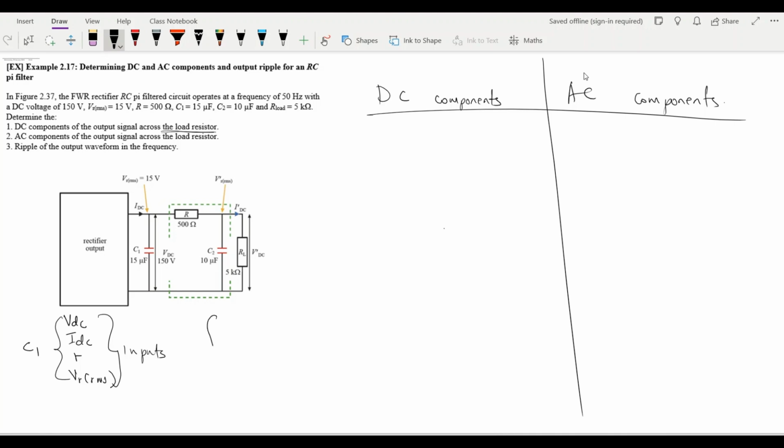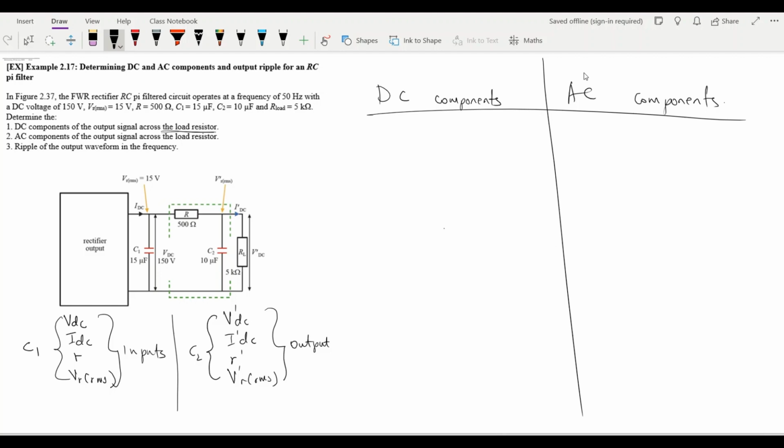But if the examiner speaks of C2 now, we're still going to have the same components, but they will have primes: V prime DC, I prime DC, R prime, V prime ripple RMS. These are applicable on the what? On the output. Right.